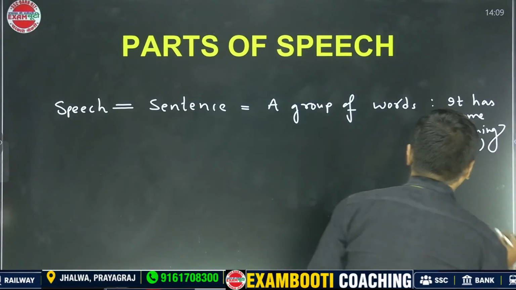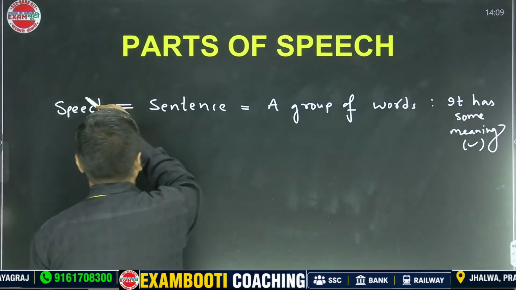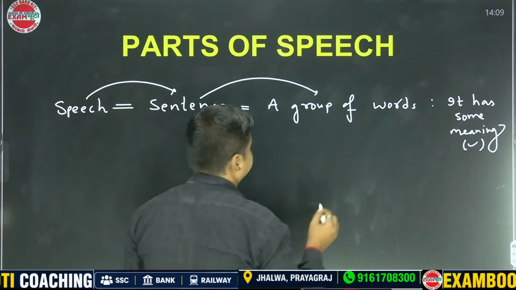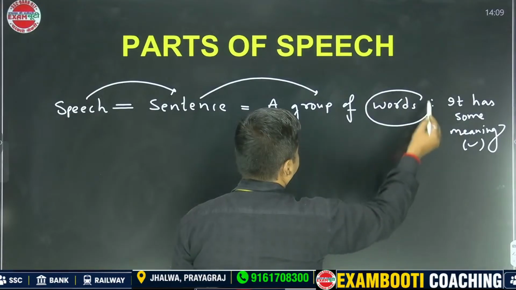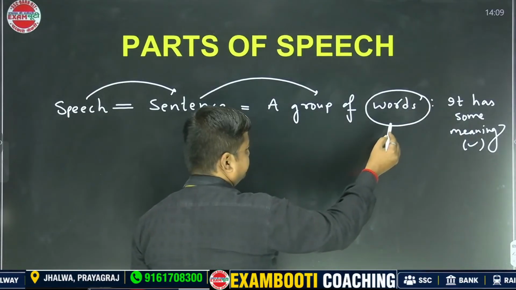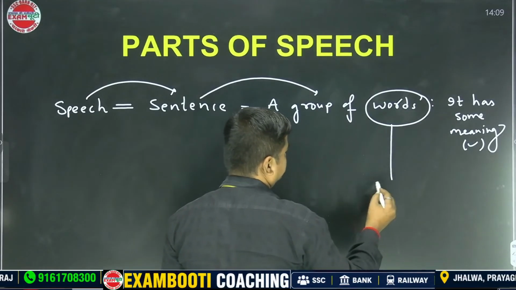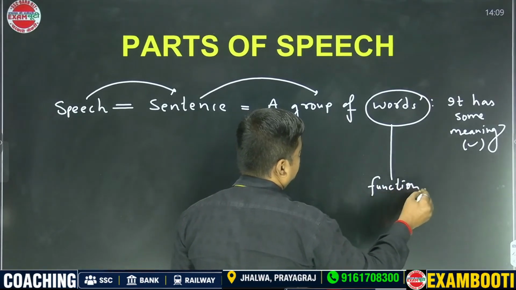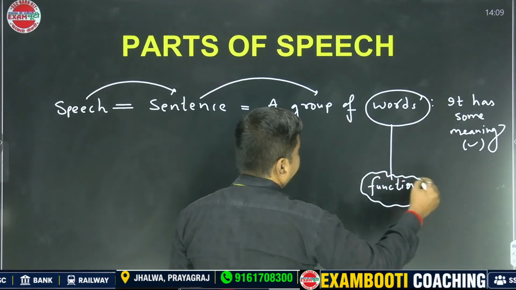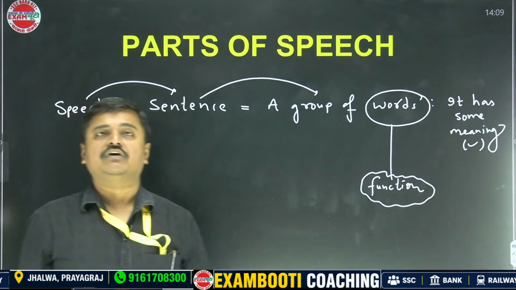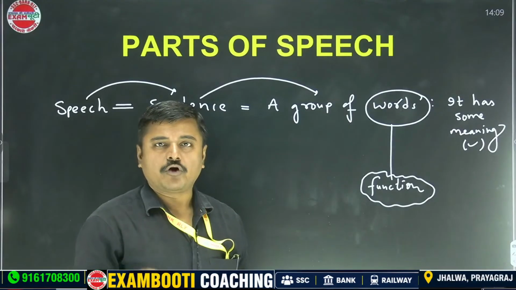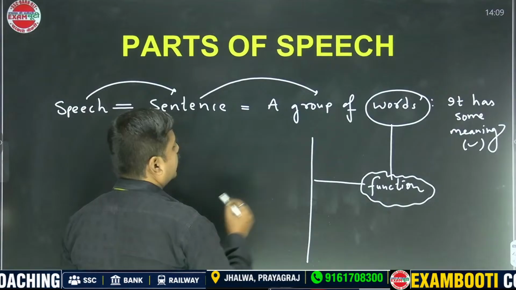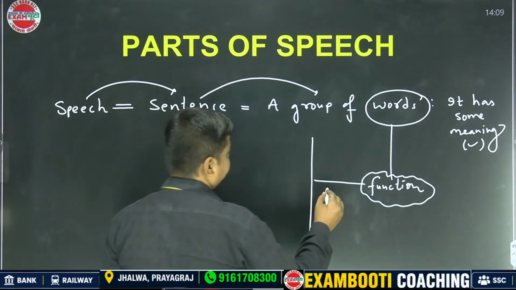We know this. But speech is a sentence here, and sentence means a group of words. It means what we find here are words and word functions. And when we discuss the function of words, a word can perform different functions. That's what we call parts of speech.